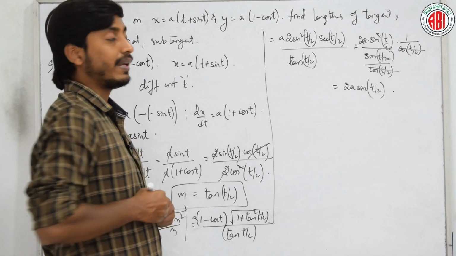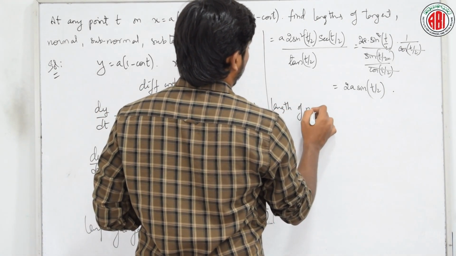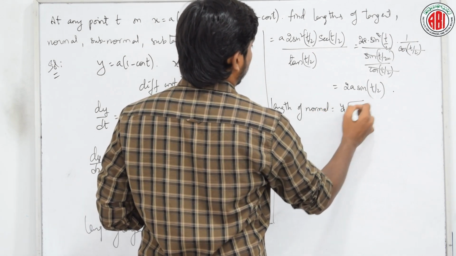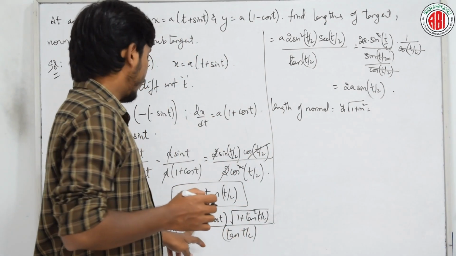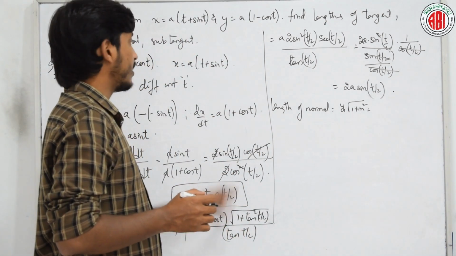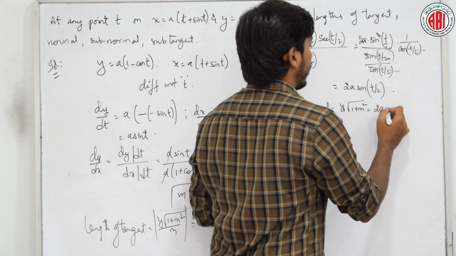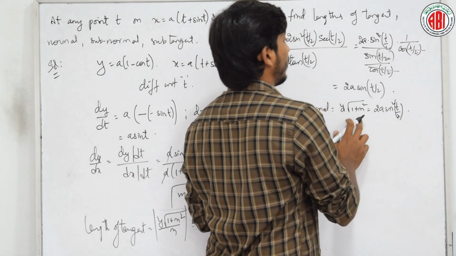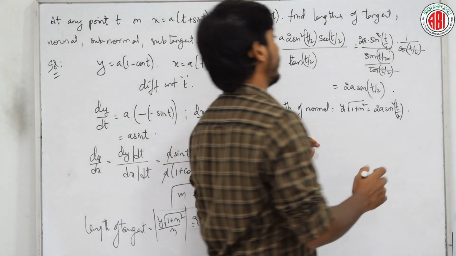The next problem is the length of normal. That is nothing but y1 under root 1 plus m square. What is y1? A into 1 minus cos t. Let us write it directly as 2a sin square t by 2. What is under root 1 plus m square? That is under root 1 plus tan square t by 2, that is secant t by 2.